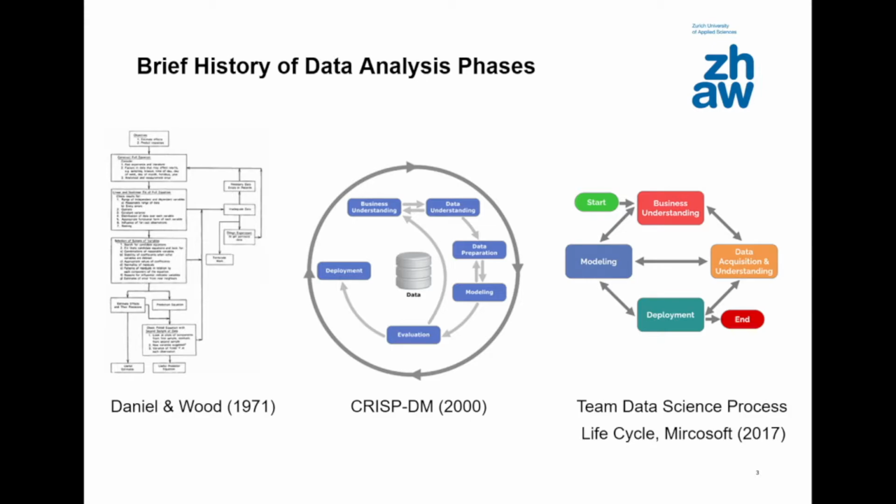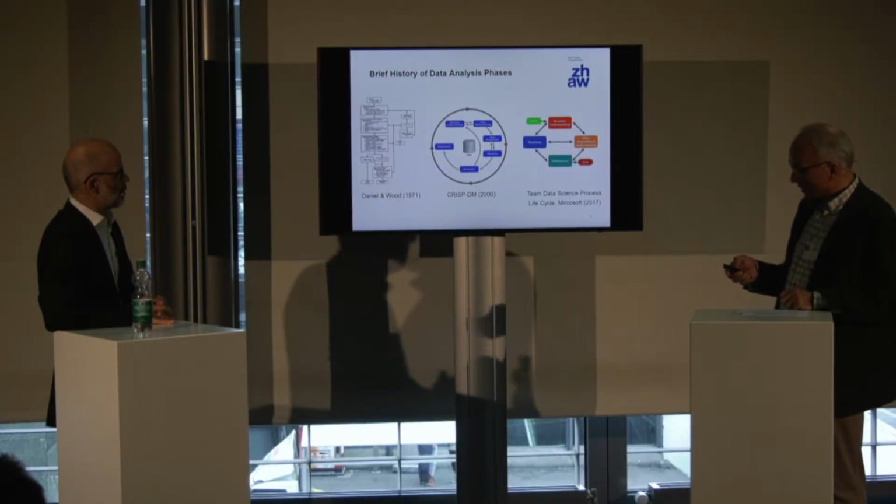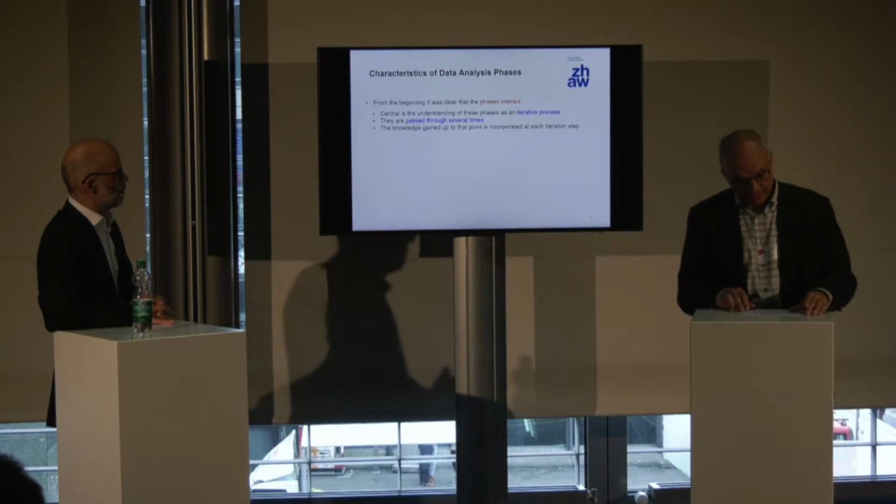These are business understanding and the goal of the whole project, data acquisition and data understanding, modeling and evaluation, and finally, deployment. Today, I want to focus more on the analysis phases than on the process, the fixed process itself. So we don't talk about all this understanding, but what I have to say is some characteristics.